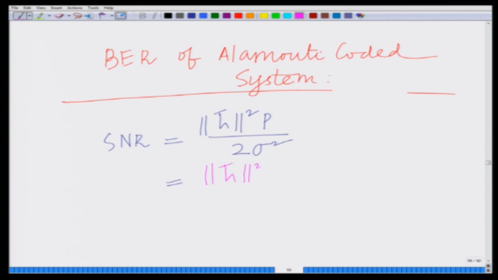So, norm h bar square times half into p over sigma square, or half times the SNR. So, basically it is identical to MRC with half the transmit SNR p over sigma square. There is this factor of half.